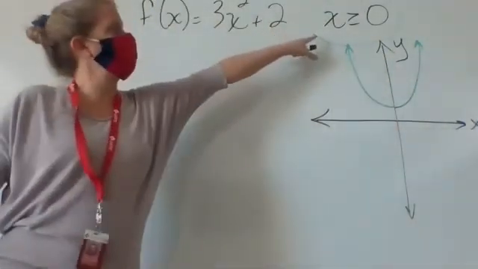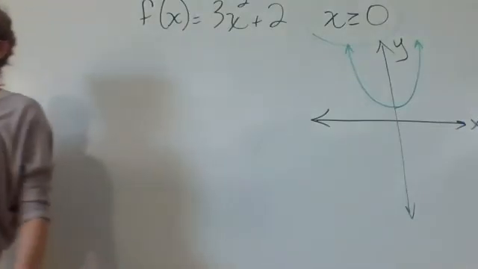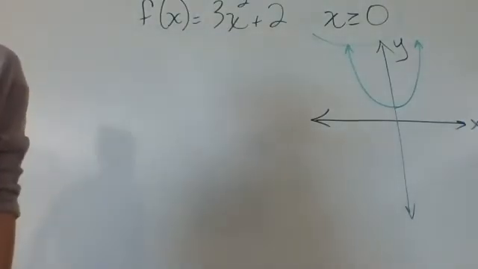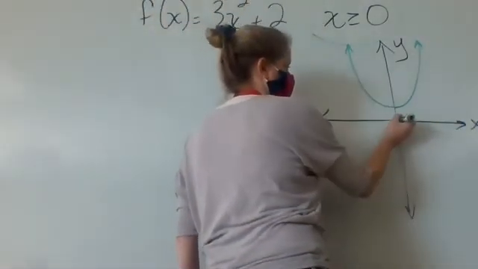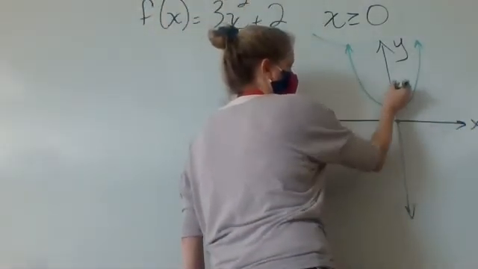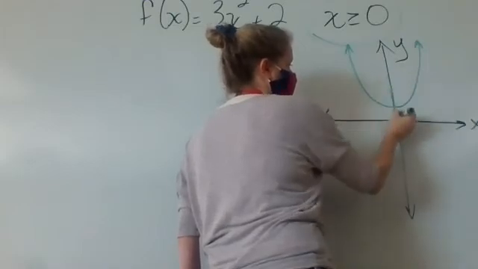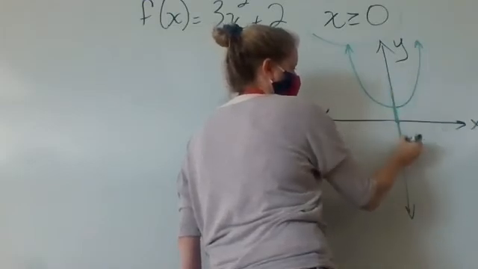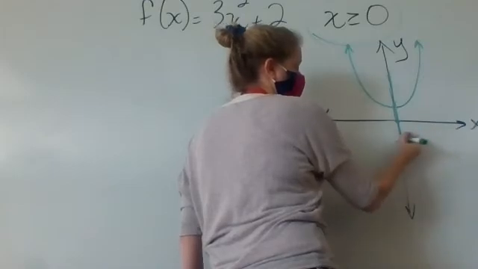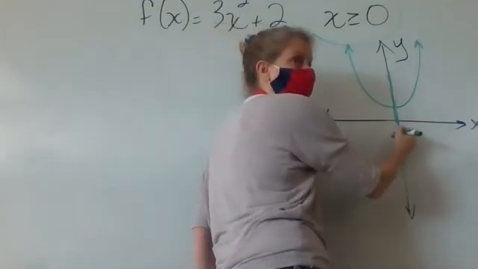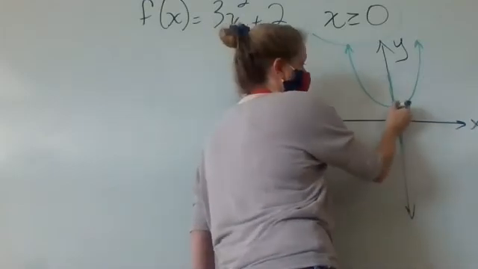The reason it says where x is greater than or equal to 0, let's think about where that is on the graph. Here's my x-axis, right? Here's where x is 0. If you are lying on this y-axis, it's because you haven't gone left or right at all. That's why your x is 0.